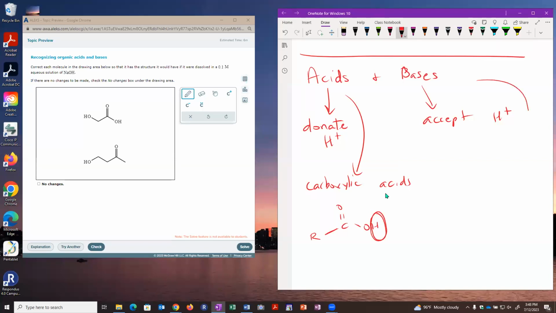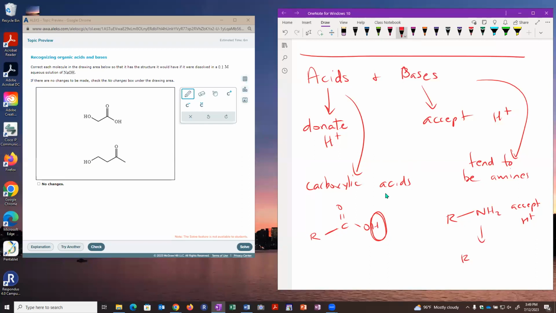Your bases can be several different varieties, but they tend to be amines, and those are the most common examples that we'll see. Amines look like this. You have your nitrogen connected to a couple of H's or maybe one H, and then the third bond here is to the rest of the molecule. This can accept, or gain, an H plus.